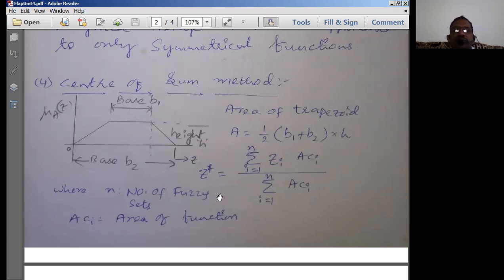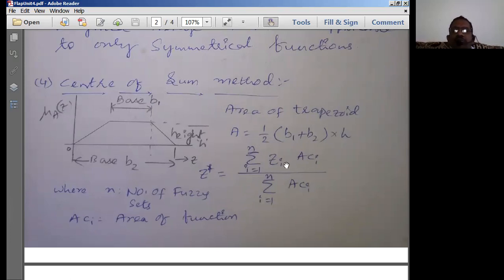So now let us look into this formula. Next, how do we find out the area of this trapezoid? It is going to be equal to 1 by 2, half into b1 plus b2, into the height h of the trapezoid. So that is the formula for the area of a trapezoid.